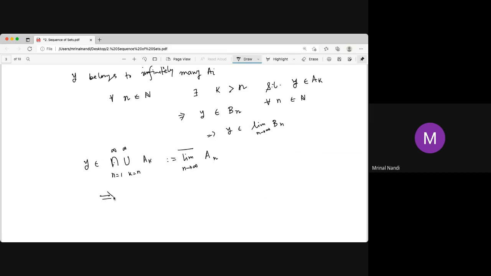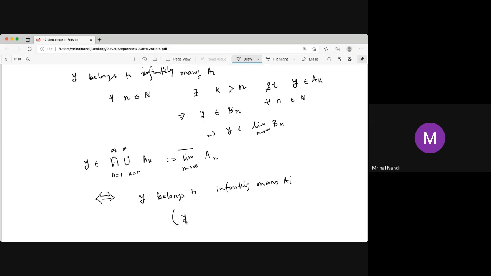That if and only if, this actually means that y belongs to infinitely many A_i. And sometimes this is written in a phrase.